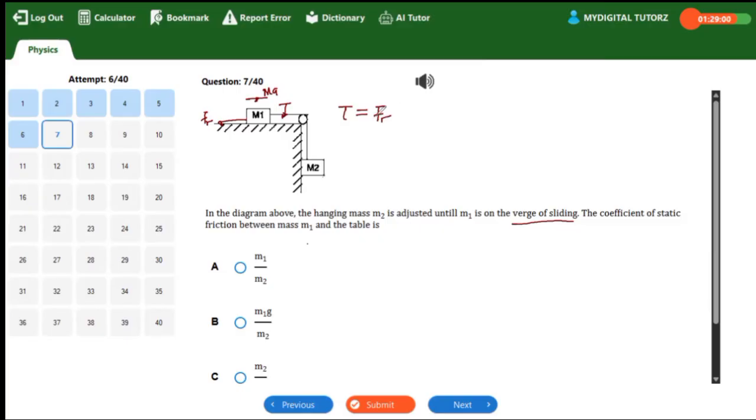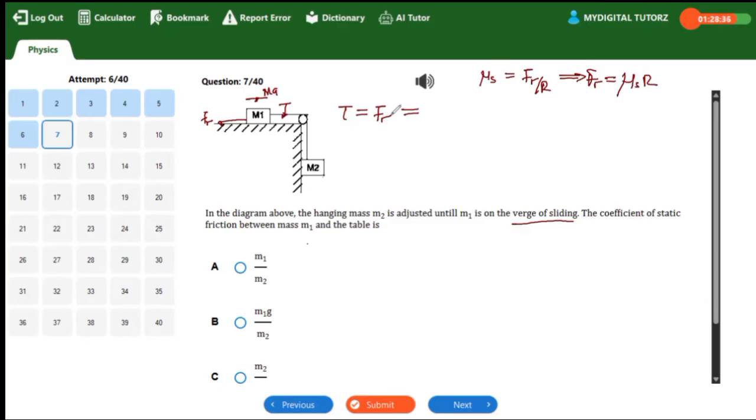Remember that the coefficient of static friction is equal to the frictional force over the normal reaction. Therefore, the frictional force is equal to mu R.